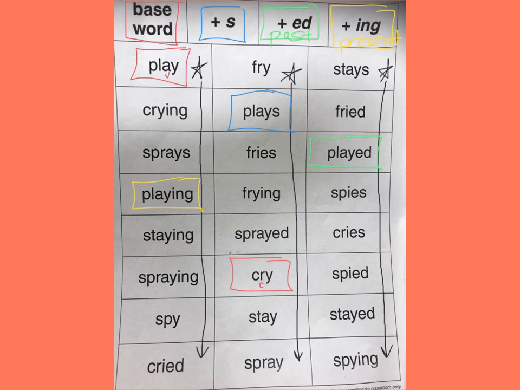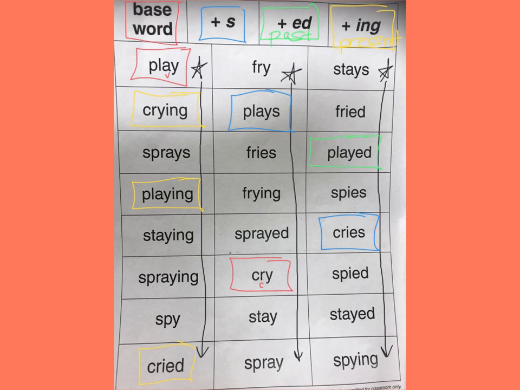When the letter before the Y is a consonant, there are times where you have to change the Y to I. So, for instance, it stays Y in crying, but when you move to cries, you're going to see the Y is dropped and you're adding IES. And then when I look at the word cried down here at the bottom, again, dropping the Y and adding the ED.